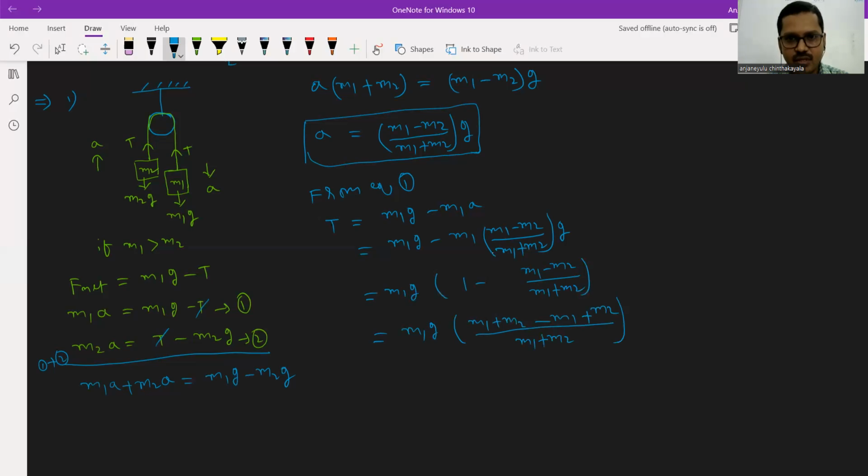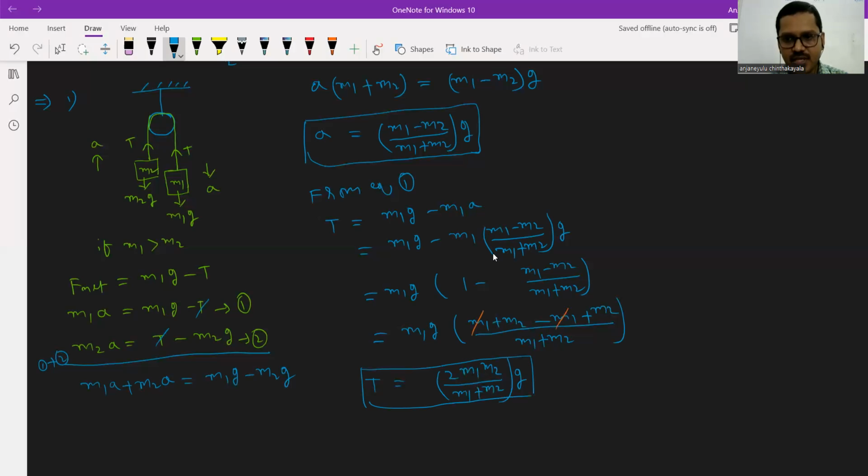In this expression, plus M1 minus M1 cancel. After cancelling, tension T is equal to M2 plus M2, which is 2M2. Then T is equal to 2 M1 M2 divided by M1 plus M2, into acceleration due to gravity G. This is the tension T.